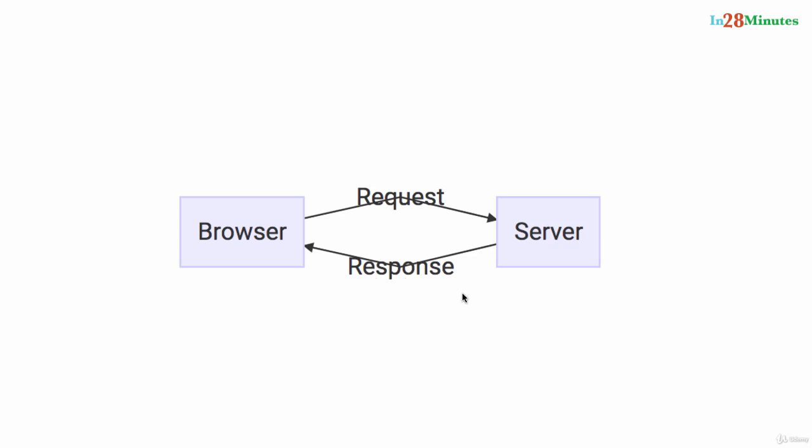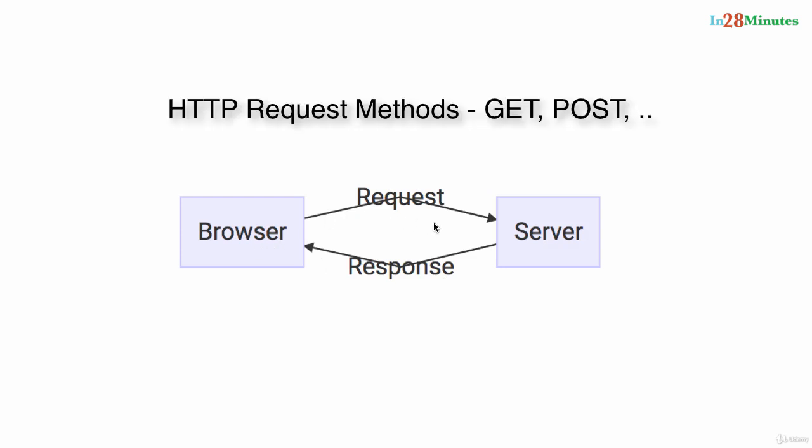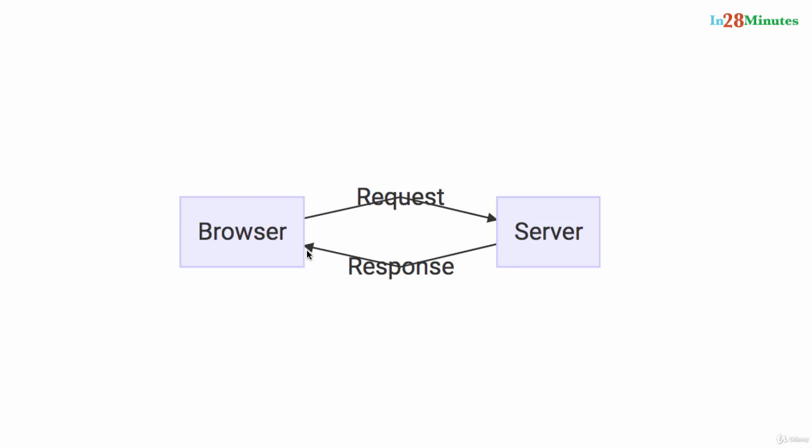These request and response are in a format defined by HTTP, Hypertext Transfer Protocol. When I type in a URL in the browser, it sends a GET request to that server. The server responds back with an HTTP response containing the HTML. So I'm sending a GET request and the server is sending back an HTTP response containing the HTML. The browser looks at that response, takes the HTML and displays it on the screen.